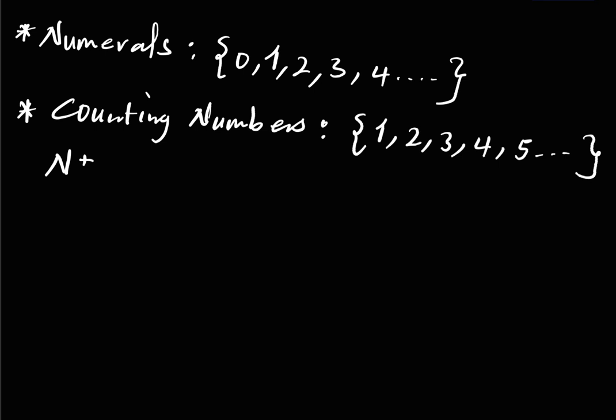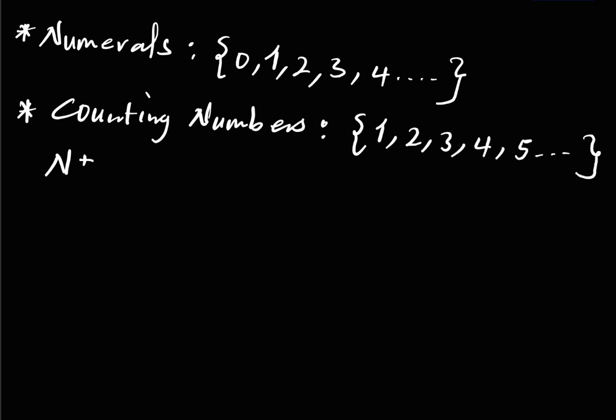This shows counting numbers. Now another type of numbers that we have is called natural numbers. Natural numbers are also known as numerals. I mean, they are the same.